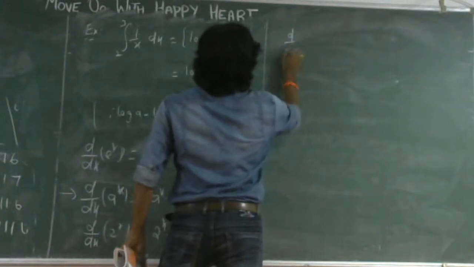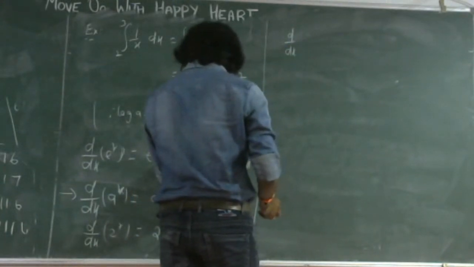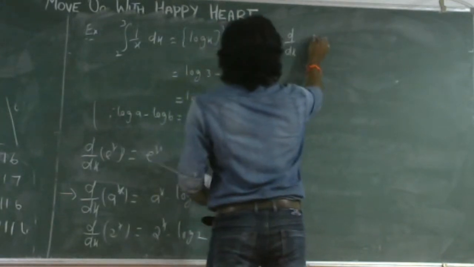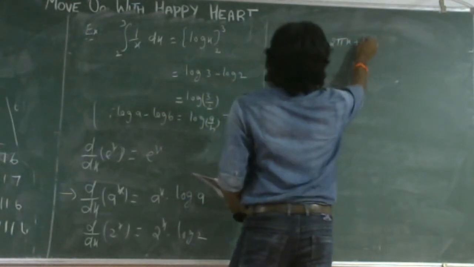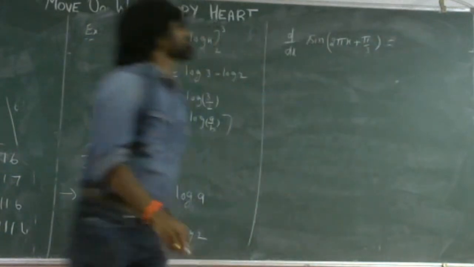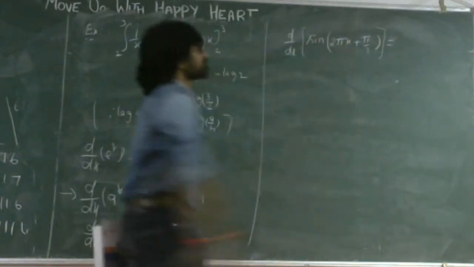d by dx of sin(2 pi x plus pi by 3) is equal to what?